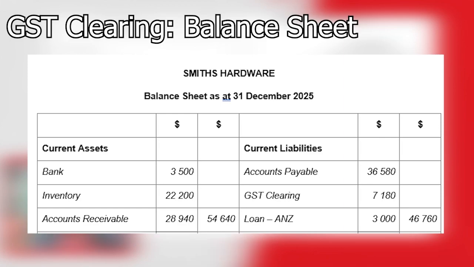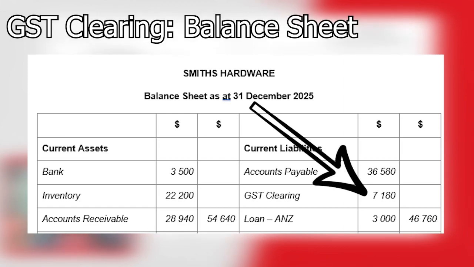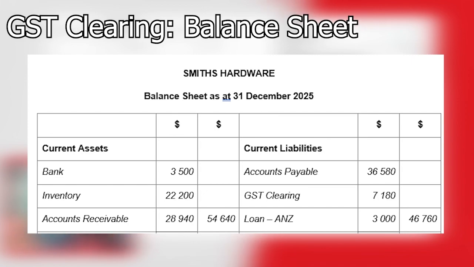Now, where does it appear in the balance sheet? Current liabilities. If our GST clearing account is like the one in the picture, where it's a credit balance, it's a liability. If it's a debit balance, it's a current asset, because we will be owed money, so we get a future economic benefit out of it. If we have the obligation to pay that money to the ATO in the future, then it's a liability.